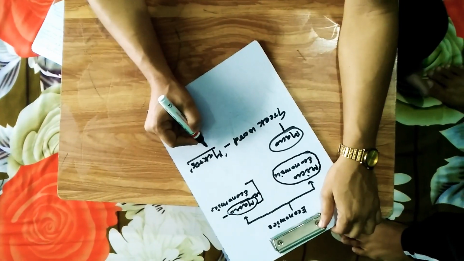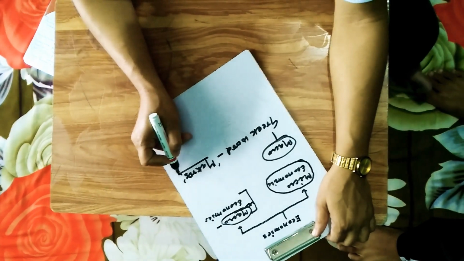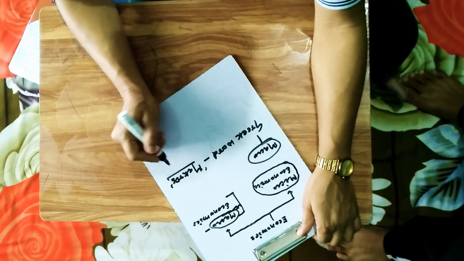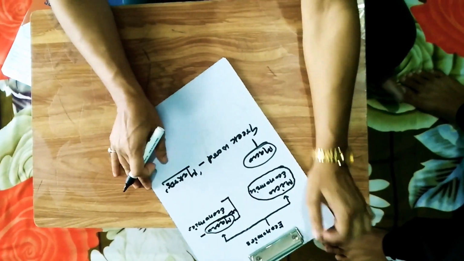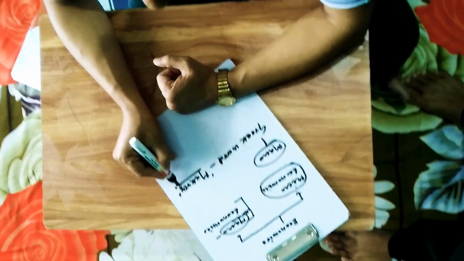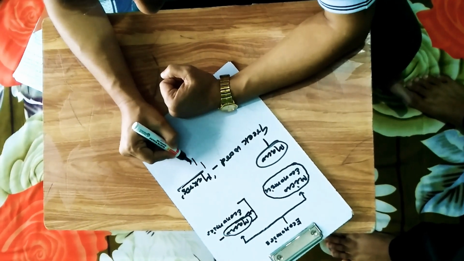In some of the books, you will see that they write M-A-C-R-O-S. Now it doesn't matter. Both are the same. What is the main thing is the meaning. The term macros literally means large.